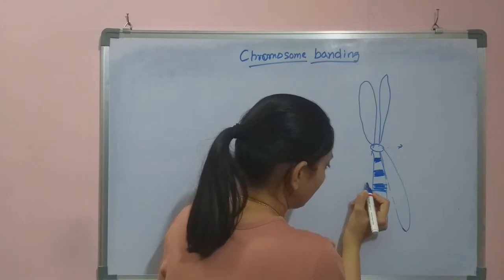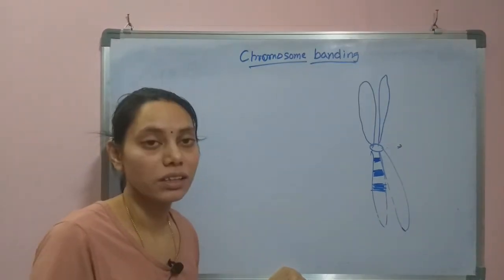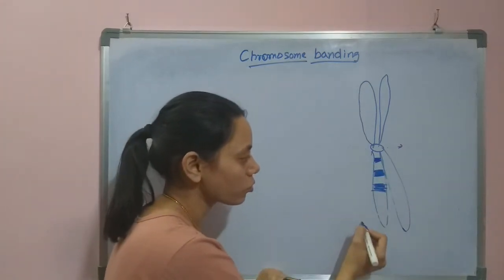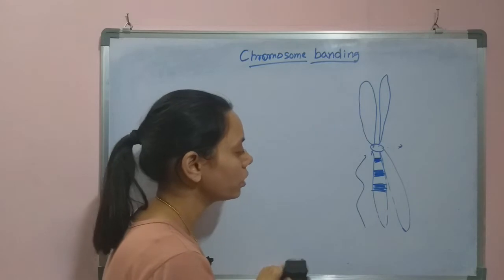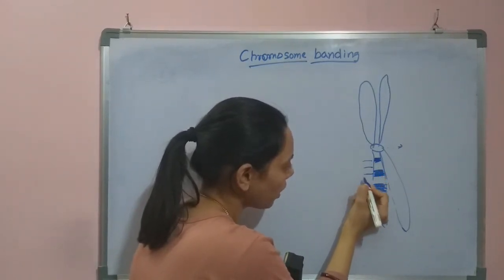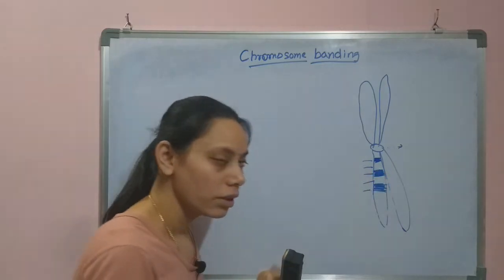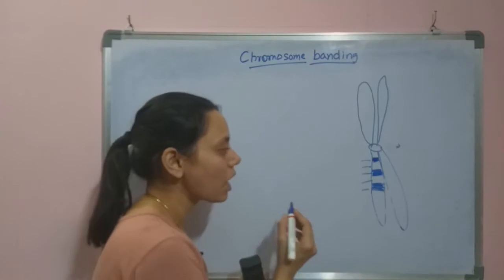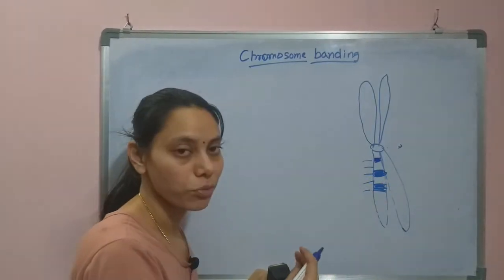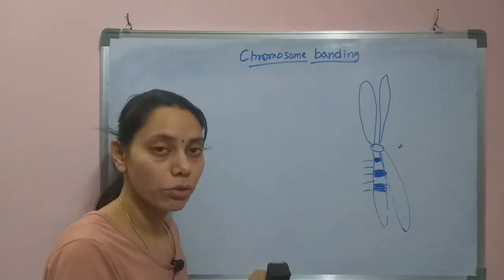Either dark and light differentiation, or bright and dull bands, will appear on the chromosome lengthwise. So this is a band, this is again a band, all these are bands, this is light, this is dark, and a band is nothing but a portion of the DNA which can be distinguished from the adjacent portion on the chromosome.